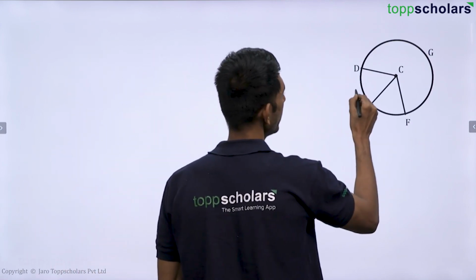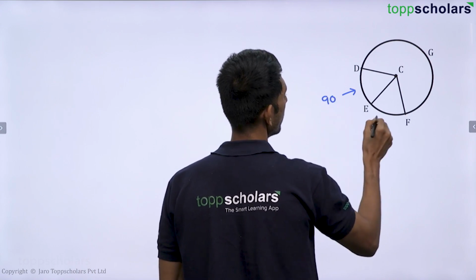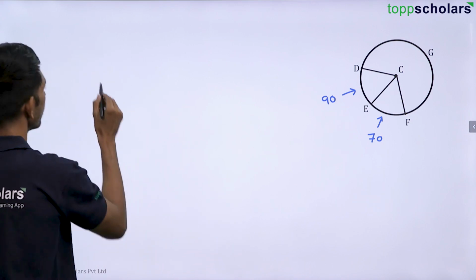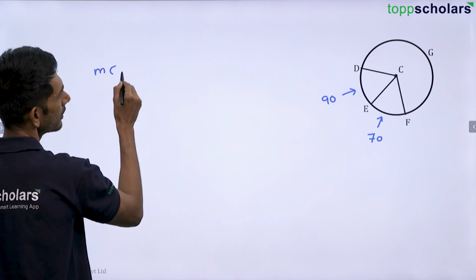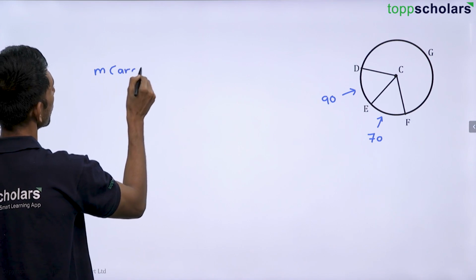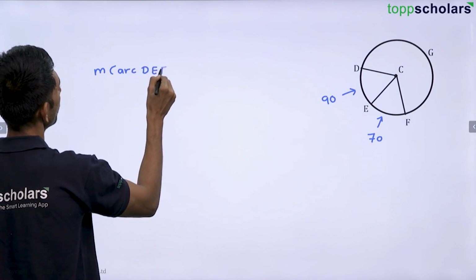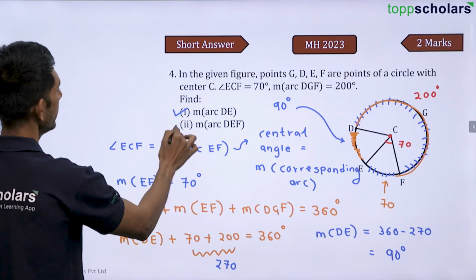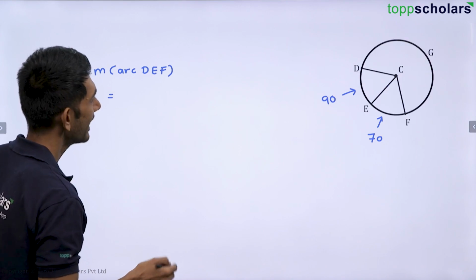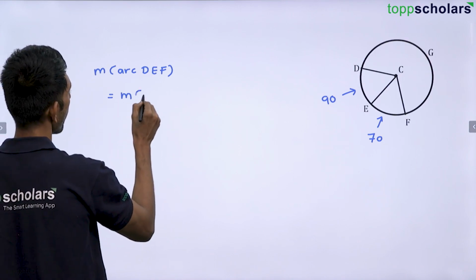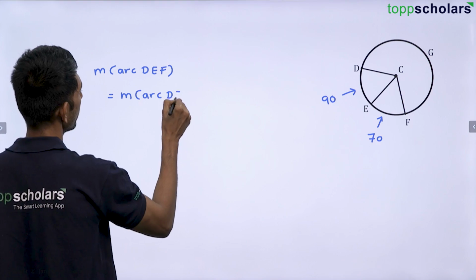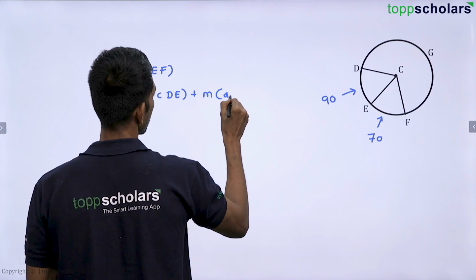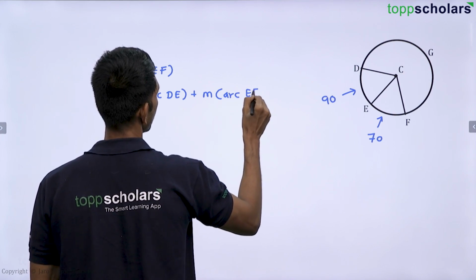Now see, DE is 90, this is 70. Can we find out measure of arc DEF? Arc addition property. Measure of arc DEF is something that we are supposed to find out, right? DEF, see here. That will be equal to measure of arc DE plus measure of arc EF.